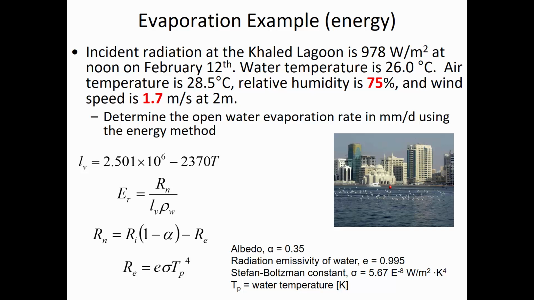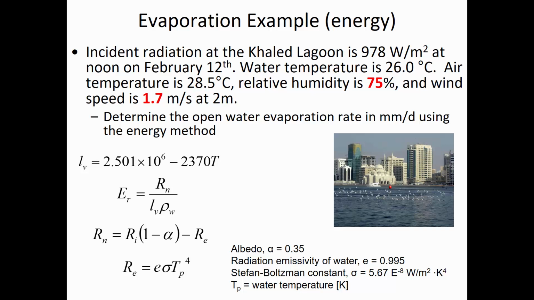0.995. The Stefan-Boltzmann constant we're going to need to plug in when we are calculating this amount of radiation that's emitted by the water. This is an equation that just kind of estimates how much long-wave radiation is going out from the water depending on what the water temperature is.